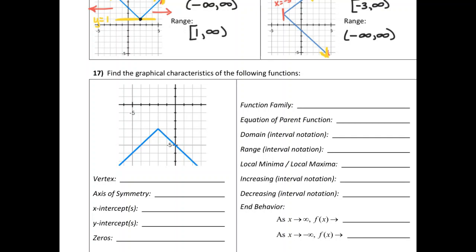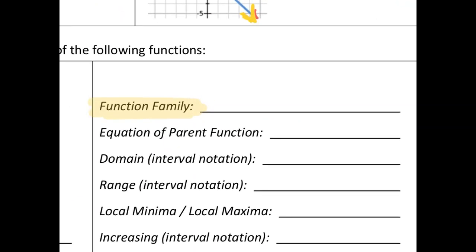And so if you are not sure about the name of the function family, and this probably would apply to all of your tests for units 2, 3, 4, 5, 6, 7, 8, and 9, if you forget the name of the function family, it should be on the front of the test as the title to the test. Just a little piece of advice. So in this case, the function family is absolute value.